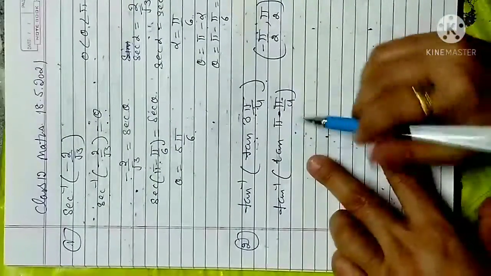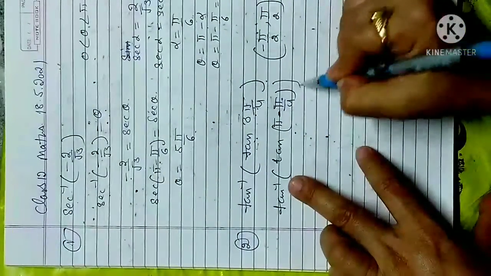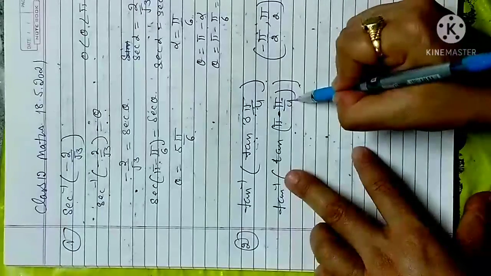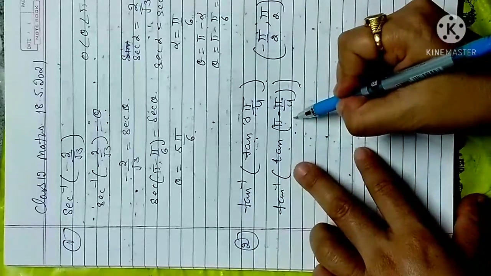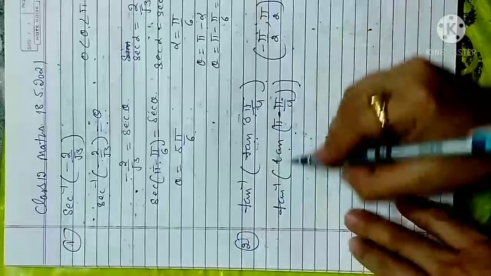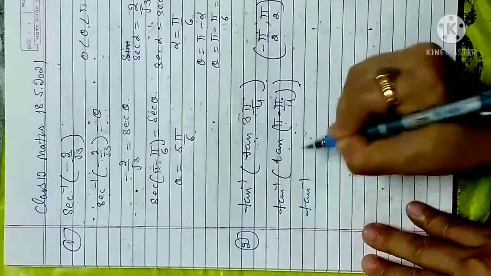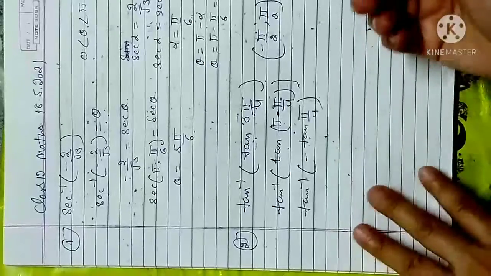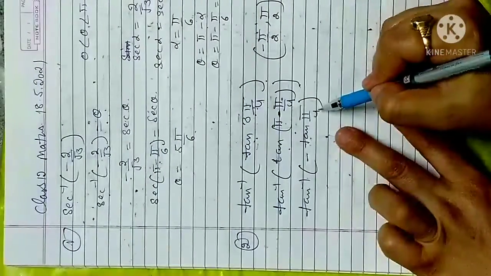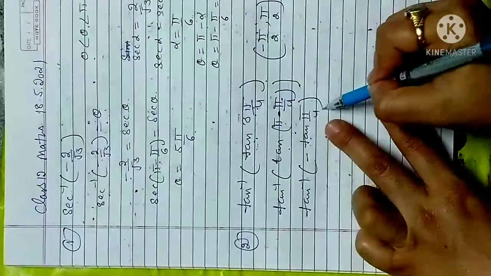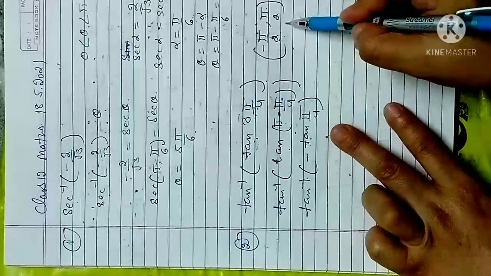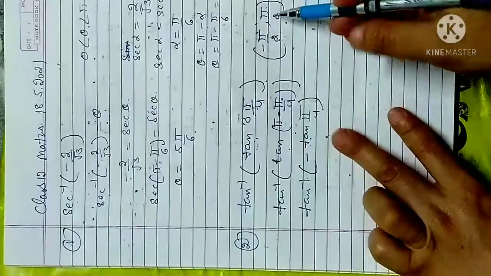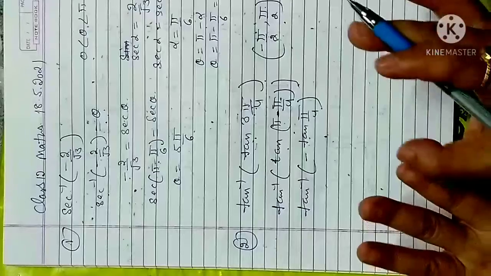This is 180 degrees minus theta, and tan lies in the second quadrant, where tan is negative, so that will be minus tan pi by 4. Now you can check again: does pi by 4 lie between minus pi by 2 and pi by 2? Yes, now it does. Now you are able to solve.